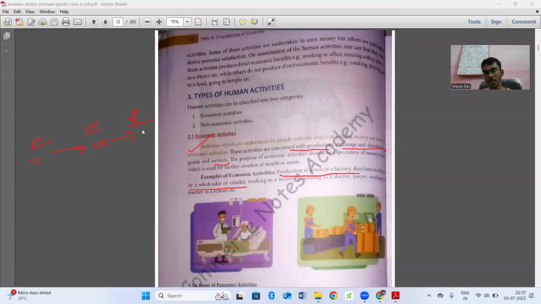This is the system of transporting the goods: from manufacturer to wholesaler, from wholesaler to retailer. Another example is working in a factory, practicing as a doctor, lawyer, working in school as a teacher. So these things are examples of economic activities.